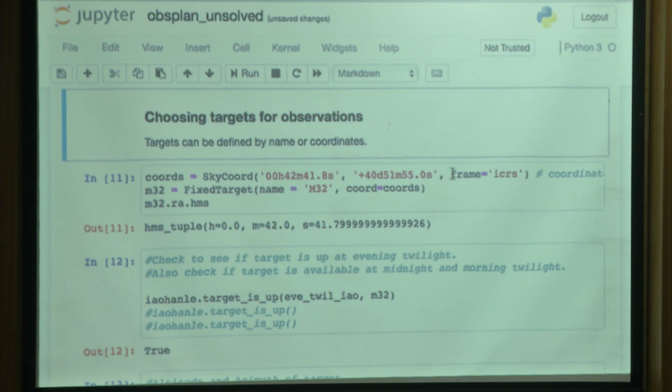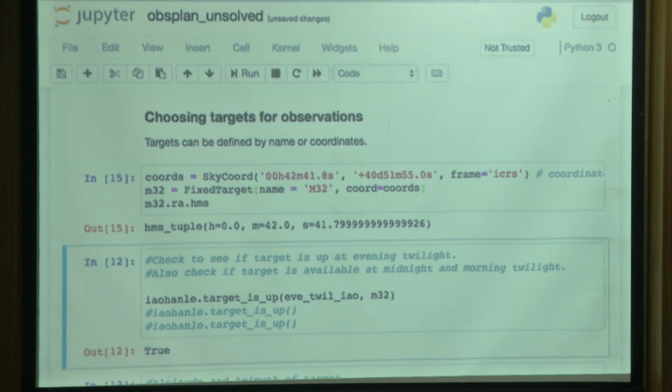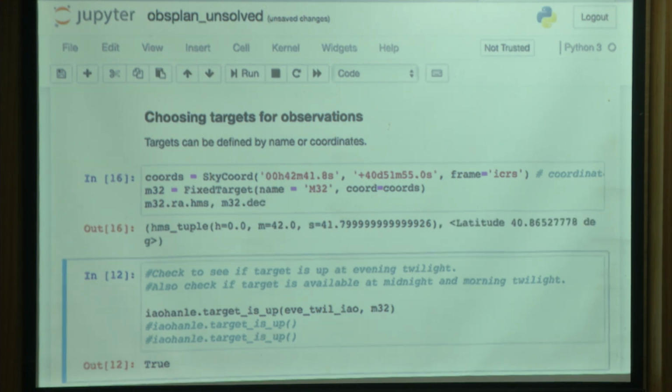So in here I have defined a coordinate of M32 using the SkyCoord, and then you can create an object using the FixedTarget class, and in that I have given the coordinates as well as the name, right? So we have created a fixed target for M32 here, and you can output the RA. So let's look at what the Dec is. Okay, so around 40.8.